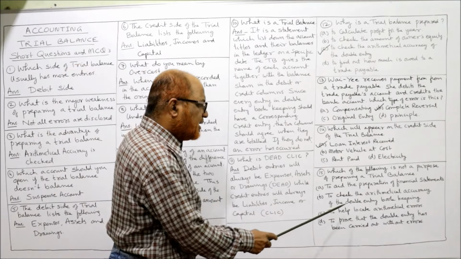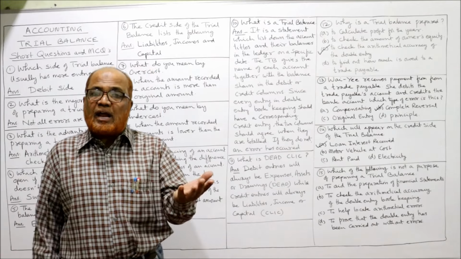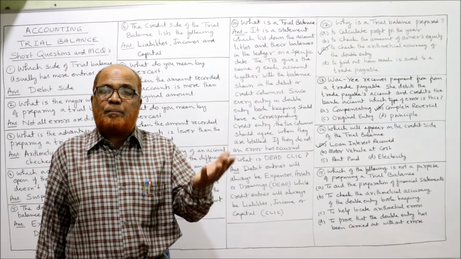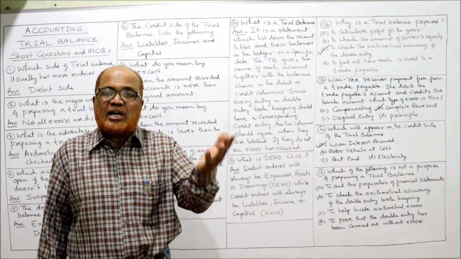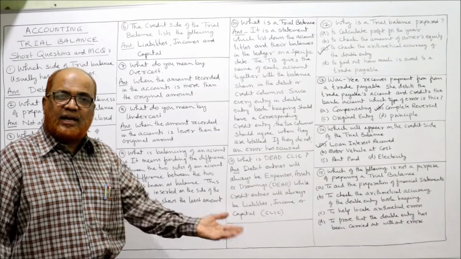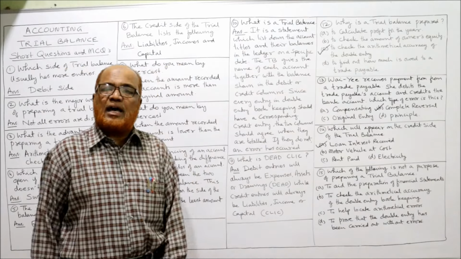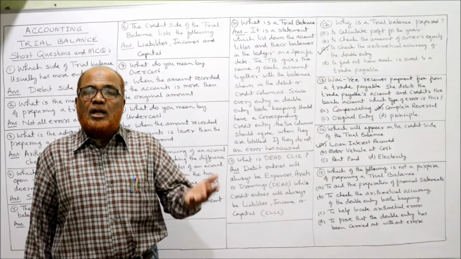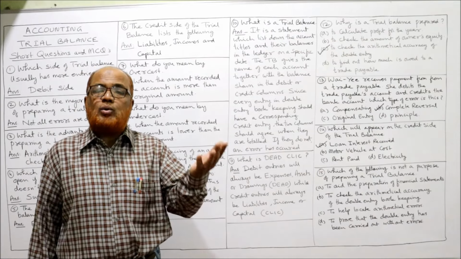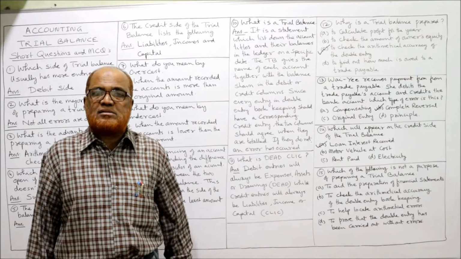To check the arithmetical accuracy of the double entry system of bookkeeping, yes, the trial balance is prepared for the purpose of checking the arithmetical accuracy of the double entry system of bookkeeping. That is also the purpose. To help locate arithmetical errors, yes, of course, the trial balance is prepared to check the arithmetical accuracy and to locate the errors.